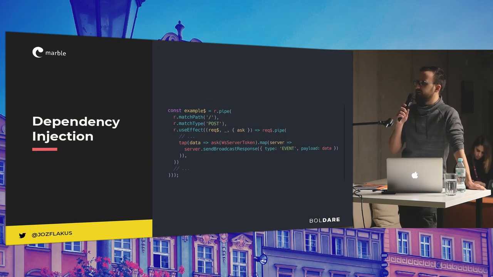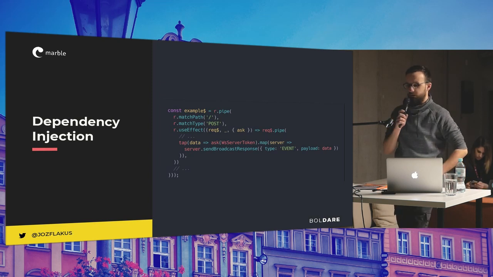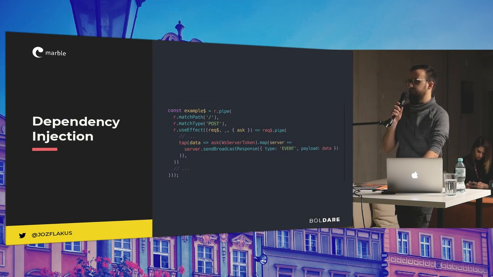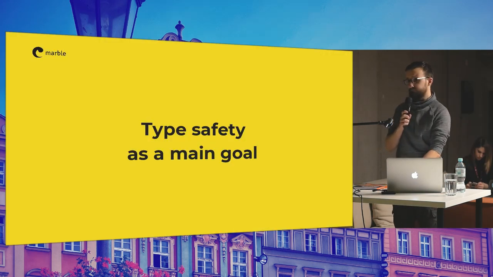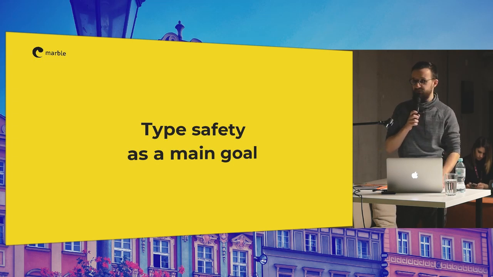We are asking our context, we are getting this value where all types are properly inferred, thanks to TypeScript, of course. And we can, for example, send a broadcast response with the type some event and the payload data to our clients that are subscribing to this event. So, for example, in case we are adding some data to our database, we can notify our currently listening clients that something happened, and we have another item in our collection, for example.